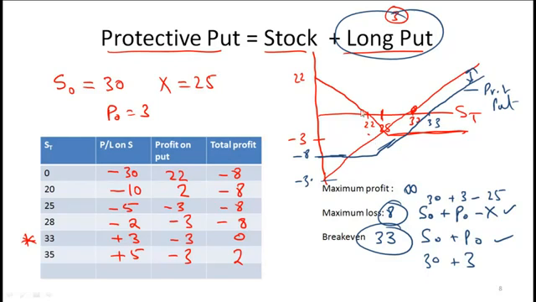The protective put is simply a combination of the two, and if you get hung up with these lines, you can easily just derive this by creating this simple table. But once you've done that, I'd still say that you memorize these formulas, because in the exam you will most probably have questions around what's the maximum possible loss, or what's the break-even point, or what's the maximum profit, and so on. Why would somebody create this portfolio?